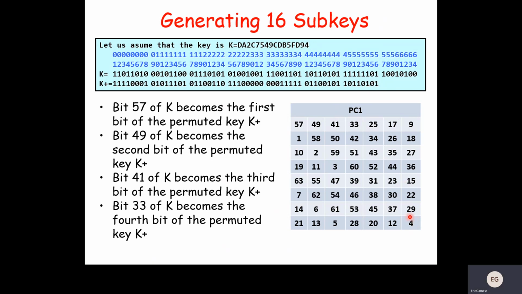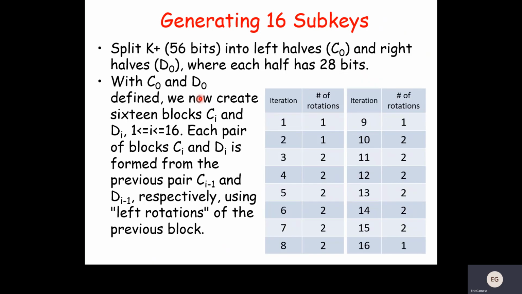Then the last bit will be bit 4 from the input. So from the input, bit 4 is a 1. So this one will come here. So this will be K plus. And K plus, as you can see, is F1, 5, D, 6, 6. Okay, we will write it in hexadecimal at one point. So this is the first thing that we have to do to compute K plus.